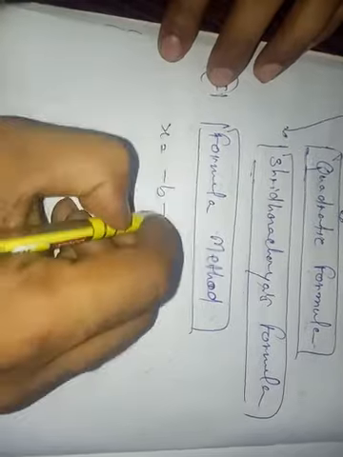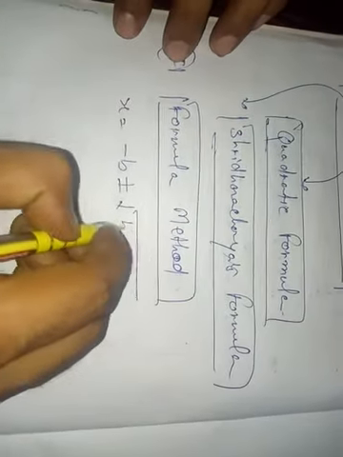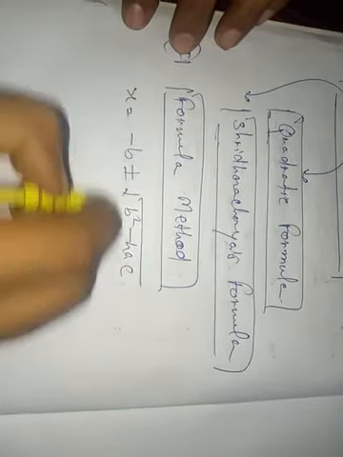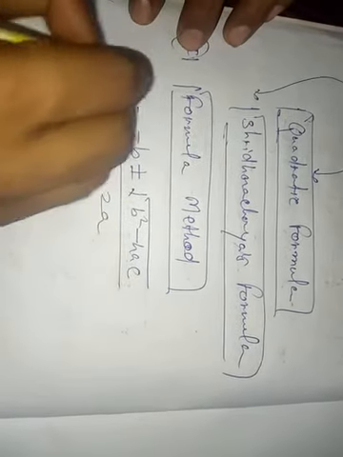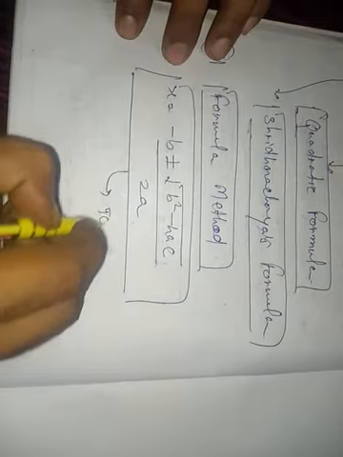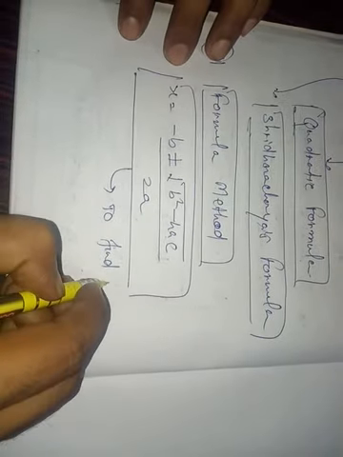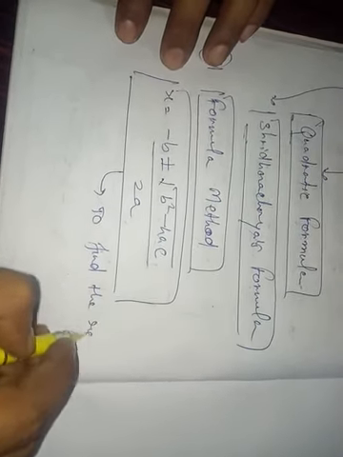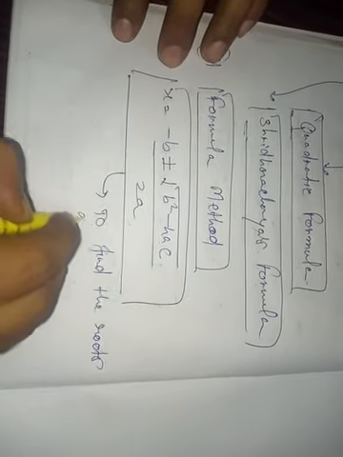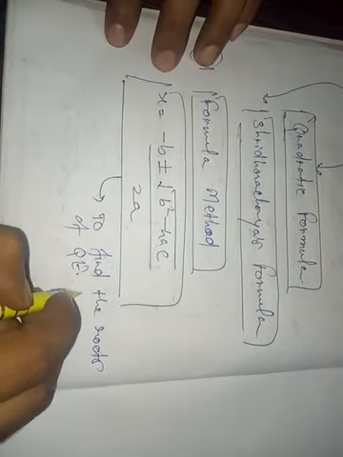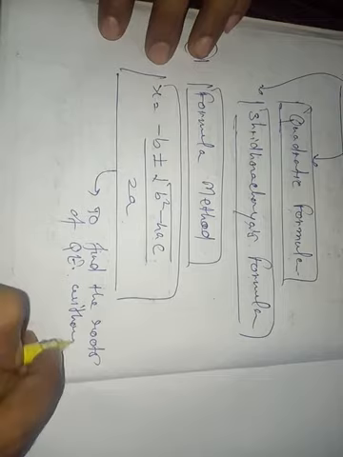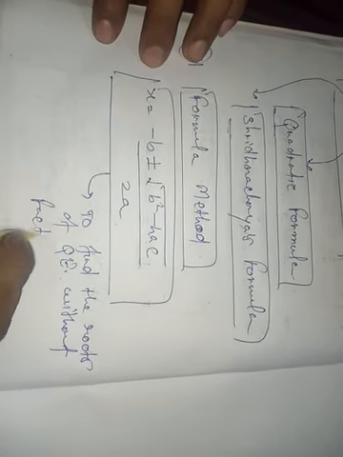In the formula method, we use x equal to minus b plus minus under root b square minus 4ac upon 2a to find out the roots of a quadratic equation without factorization.